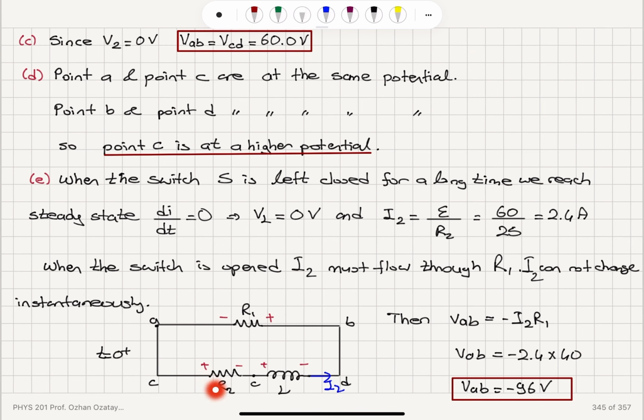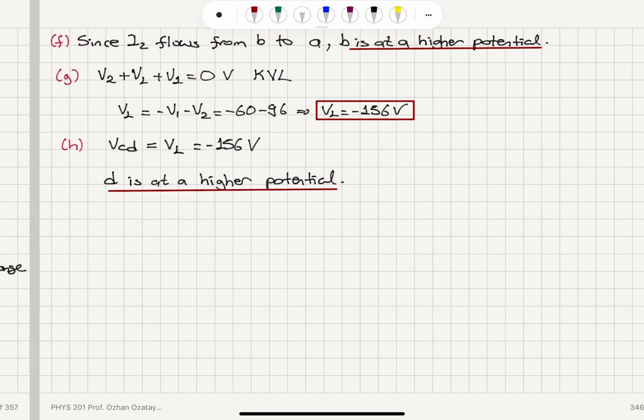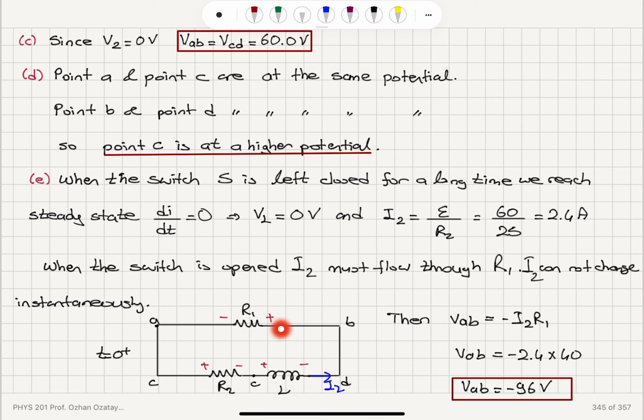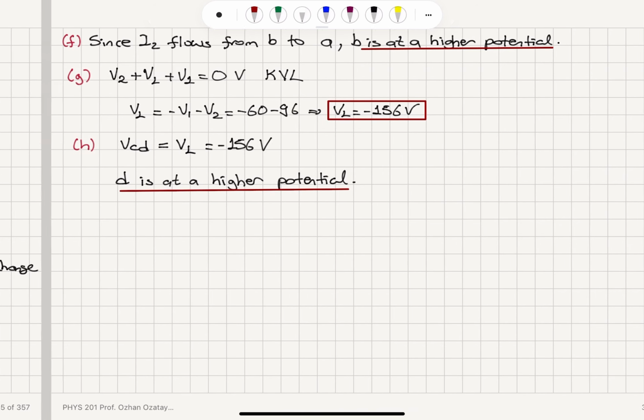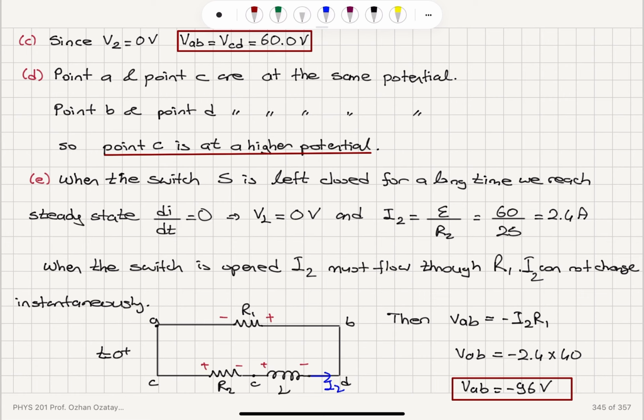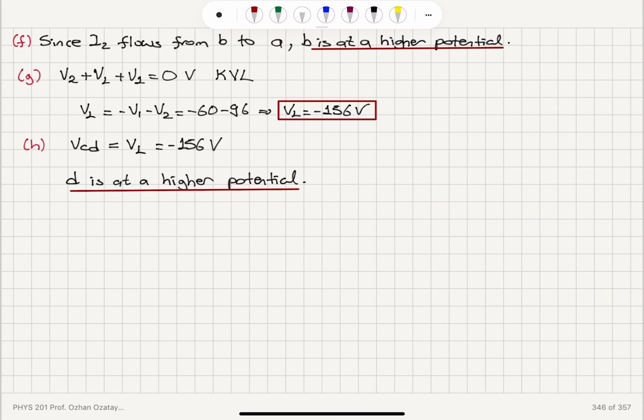So this potential difference is 60 volts, and this potential difference is 96 volts, and this potential difference is minus 156 volts. Okay, so that's the way I have defined here. This is V2, this is V1, and this is VL. So with this convention, plus minus, plus minus, plus minus.